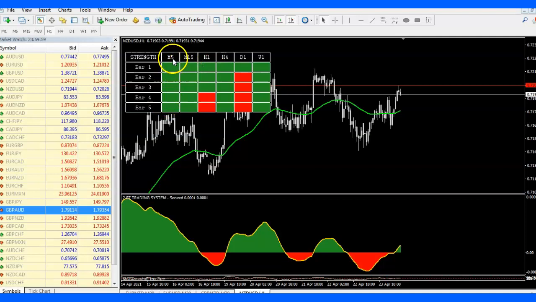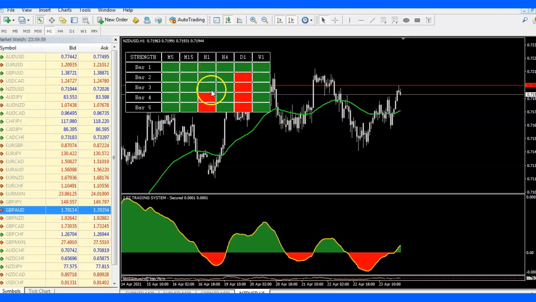For example, in 5 minutes, all the bars are green, meaning that in the 5-minute time frame, the last 5 bars were green, meaning they have a strength to the upside, or buying power. 15 minutes, the same thing. And 1 hour, it's buying.